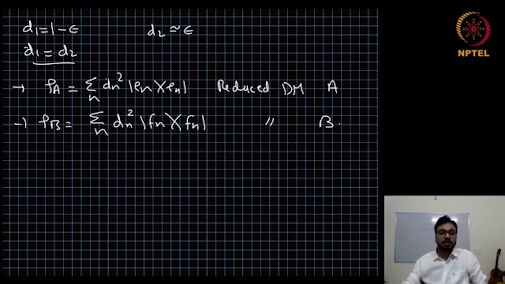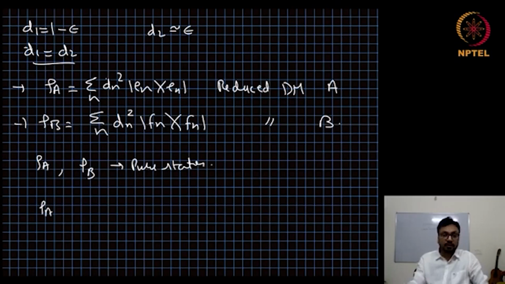Okay, so now from the Schmidt decomposition we made a claim earlier that if psi AB is a separable state, then rho A and rho B will be pure states. If psi is an entangled state, then rho A and rho B will not be pure states.